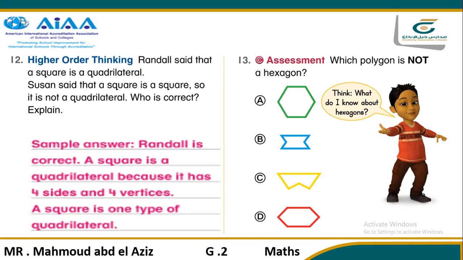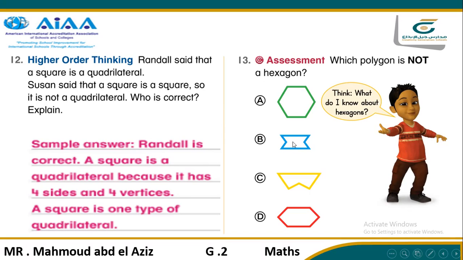Excellent. Another question. Which polygon is not a hexagon? Is that letter A, B, C, or D? You know, a hexagon must have 6 sides. So let's count them. Letter A here. Let's count sides. 1, 2, 3, 4, 5, 6. So it's a hexagon.